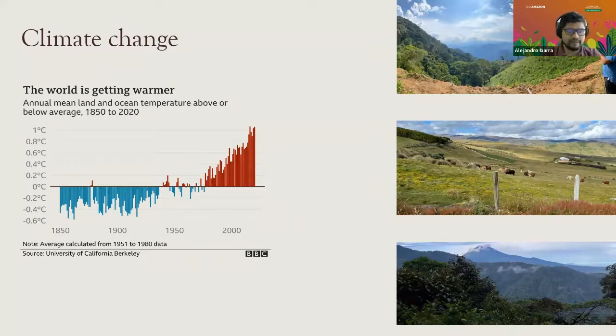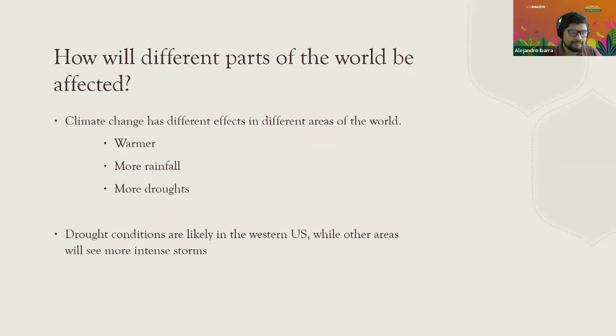We need to counter fires in the territory, but we can't do that in poorer territories and poorer countries. Many farms in developing countries already have to endure climates that are too hot, and this will only get worse over time. So how will different parts of the world be affected? Climate change has different effects.